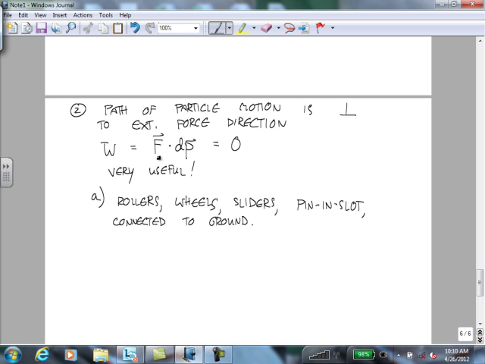Also, any kind of normal force from the ground does zero work. And also, the last one is any kind of centripetal force during a circular motion.